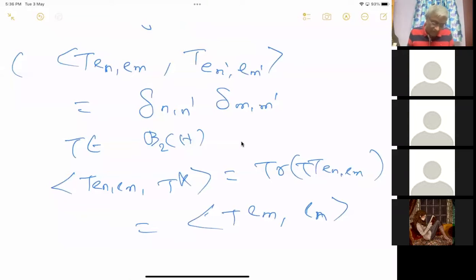I think this is correct. So if this inner product is 0, then T(E_n, E_m) is also 0, and that will imply that this is actually an orthonormal basis.